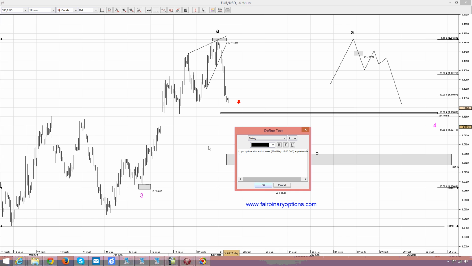And of course, still put options with end of month, that would be on the 29th of May, namely 1 week and 2 days from now, still at 17 GMT.